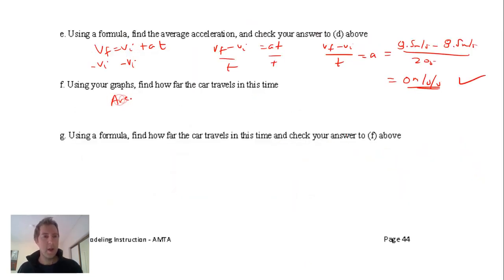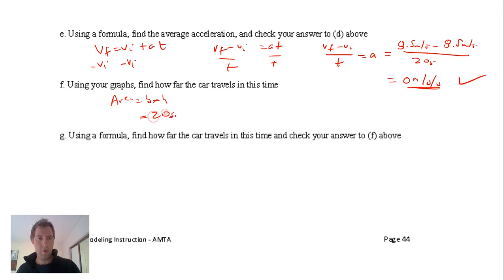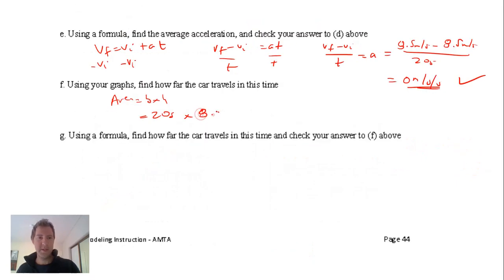So area equals base times height equals base was 20 seconds times height was 8.5 meters a second. That is 170 meters.